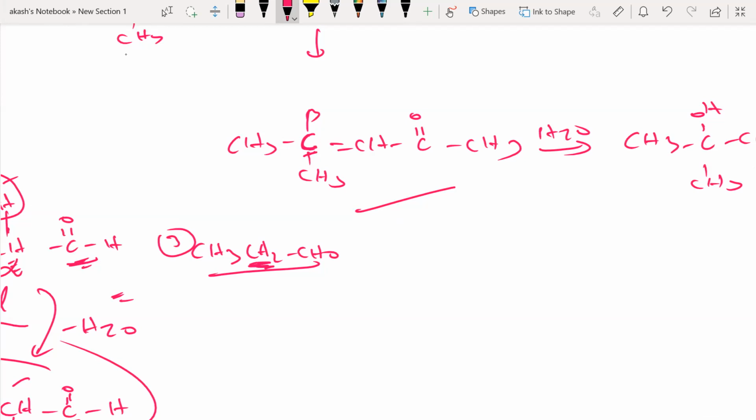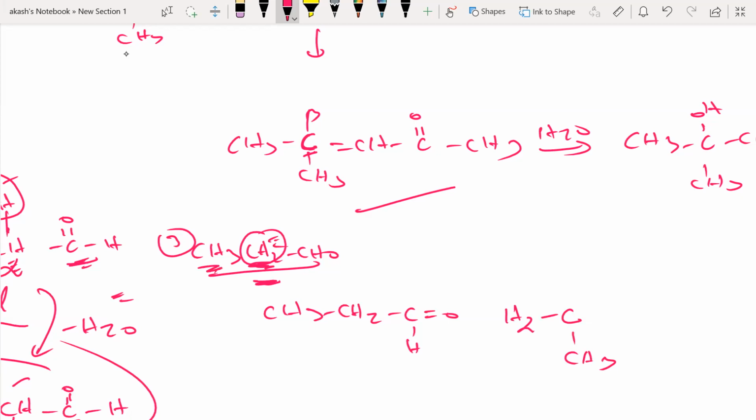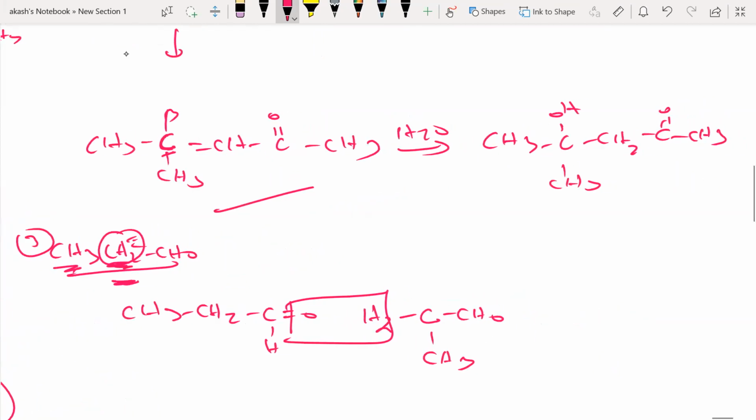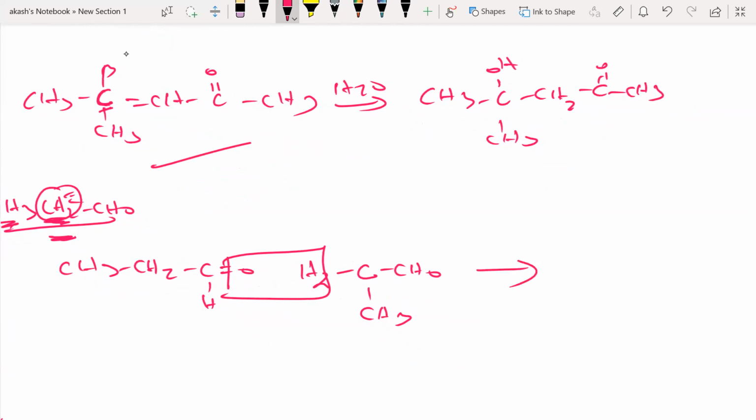So we will write CH3, CH2, C double bond O with the H. Make sure the alpha hydrogen is protruding towards this side, so you write H2C, which is having a CH3, and that is attached to a CHO. This is how you must write it, so that you can easily remove your water molecule from the alpha position to form the final product.